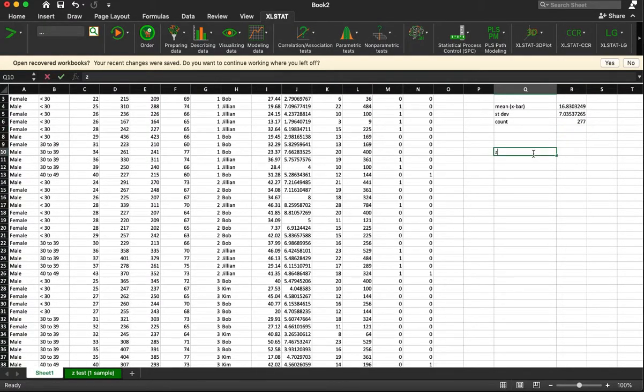So to get a z-value, we will take the x bar minus mu, divided by our standard deviation, which is s, divided by the square root of n.